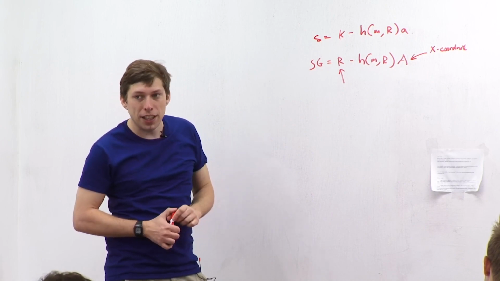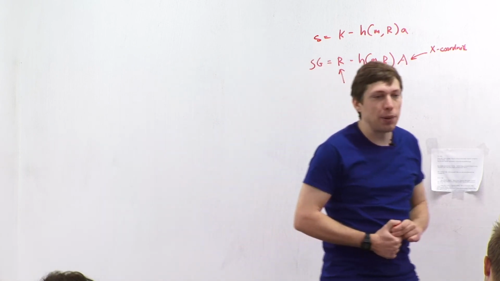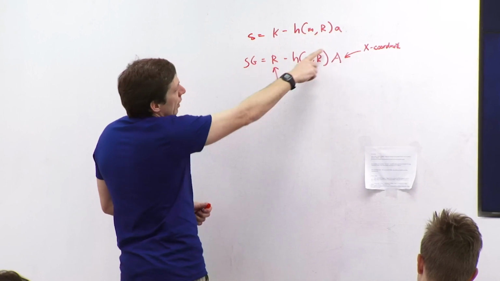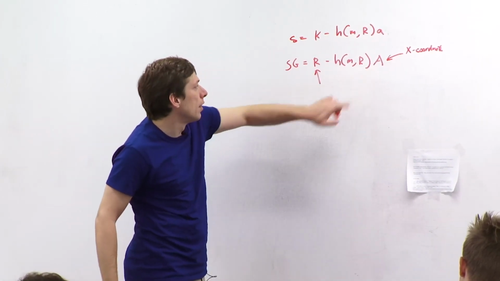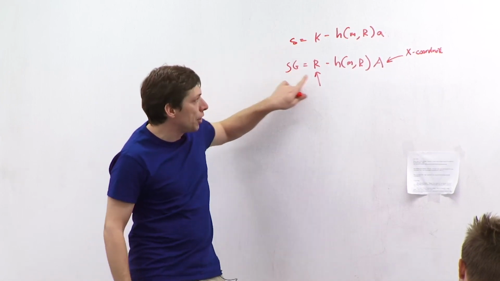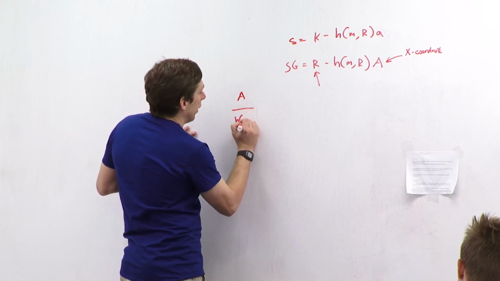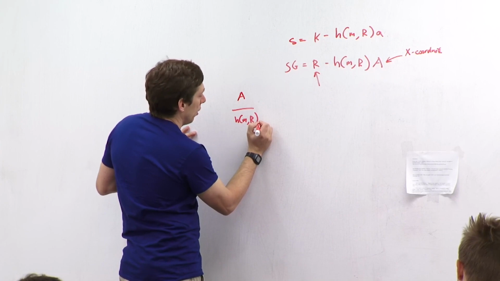So I can show, look, I've got a signature, but I can prove that no one signed, right? Because I make a random S, and then I solve for big A. I make a random S, multiply it by G, solve for A, right? So A divided by hash of M R. Yeah, I can.